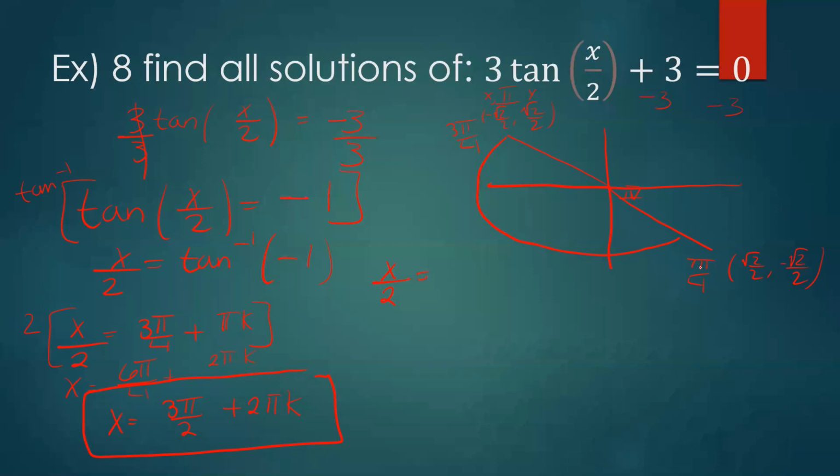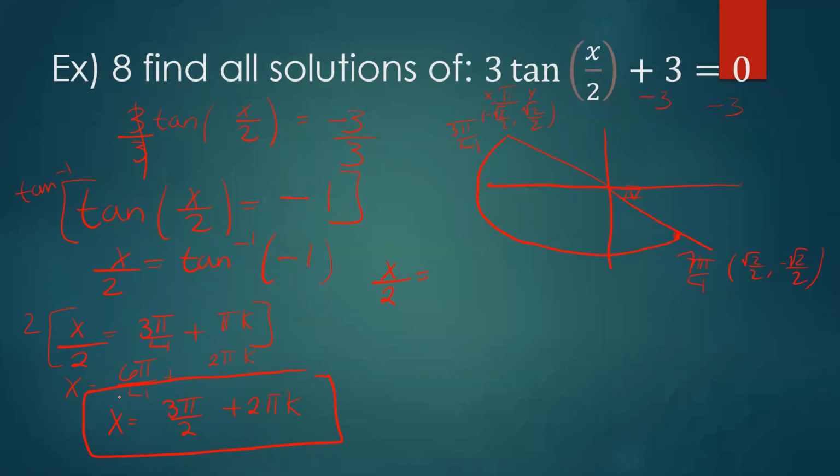We don't have to do 7 pi over 4, because what we did was 3 pi over 4 plus pi k, so this would still give you the same answer. So you don't have to do the 7 pi over 4. So yeah, this is your final answer: x equals 3 pi over 2 plus 2 pi k.